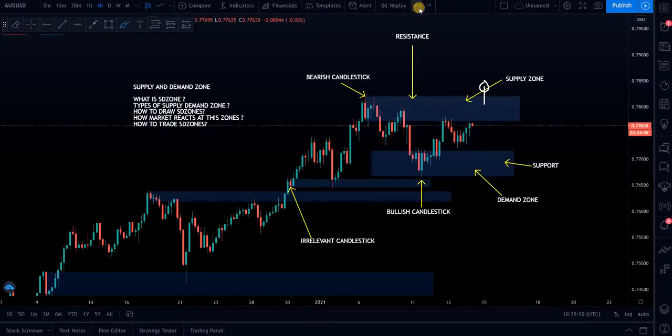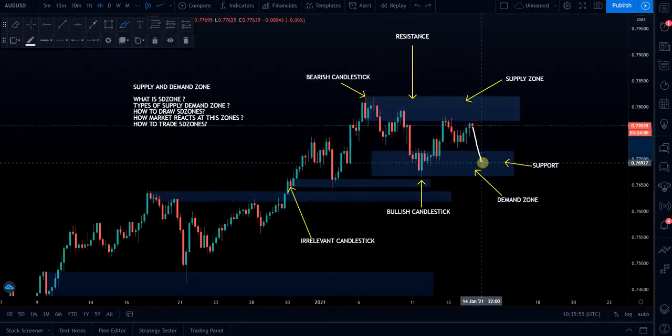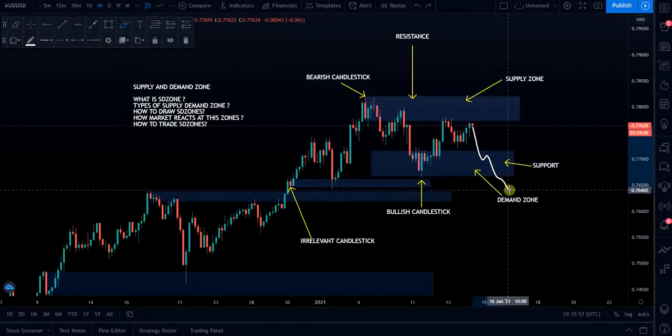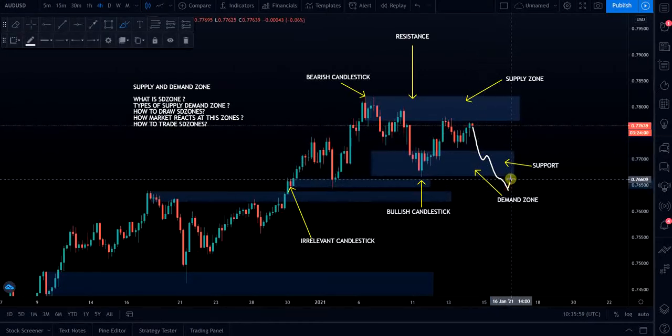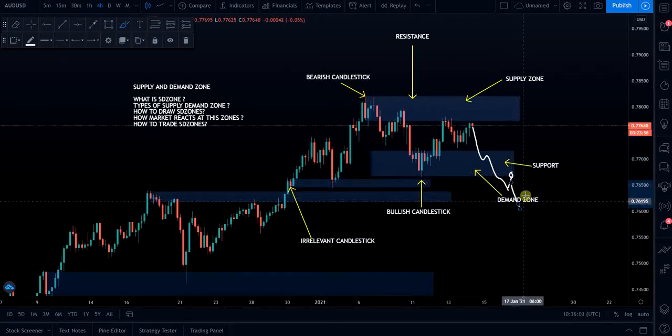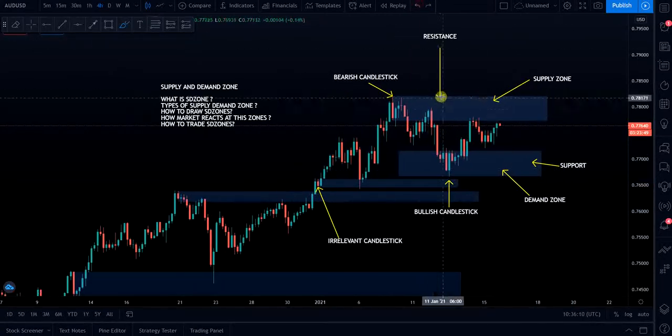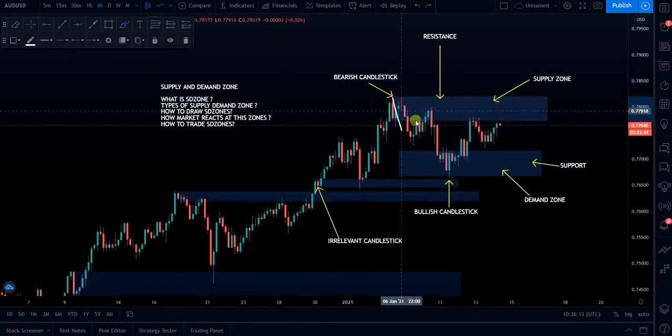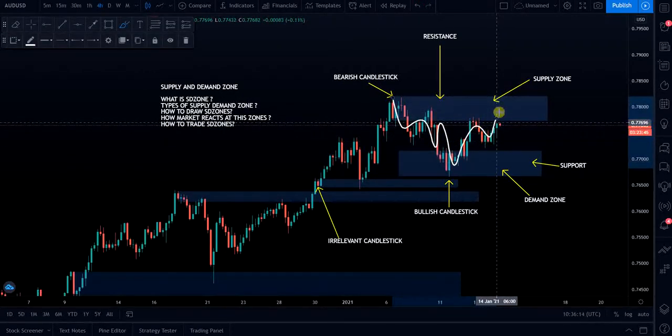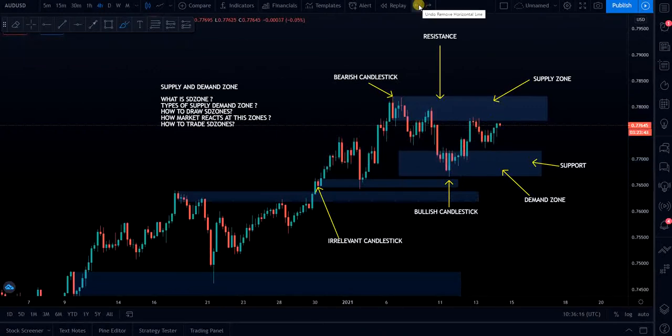Another way to go short is the same. If the market breaks this demand zone and we get a retest at the supply demand zone or continuation of the market, then only can we enter for the short. But in between, if the market is in consolidation, we should not enter into the trade because we are not sure about the direction of the market.